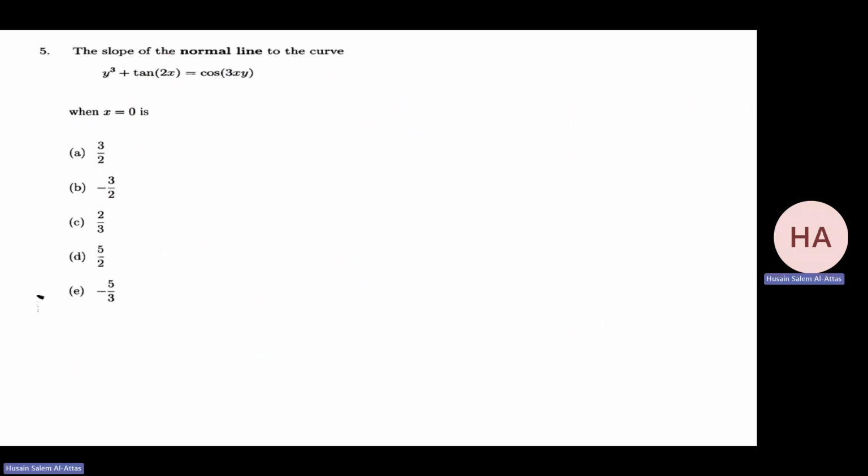The slope of the normal line. I know that the slope of the normal is minus 1 over the slope of the tangent. How to find the slope of the tangent? The slope of the tangent is y prime at 0. So differentiate.